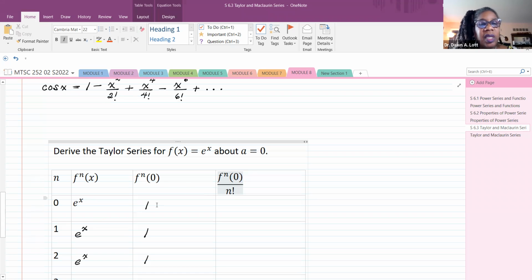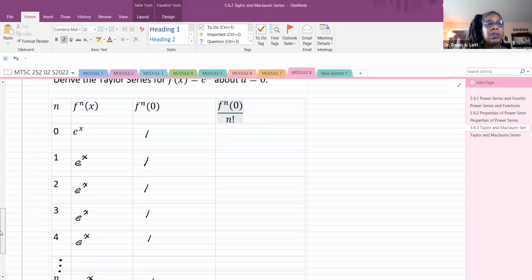So I'm going to take 1 and divide that by 0 factorial. So that's going to give me 1. I'm going to take 1 and divide by 1 factorial. That's also going to give me 1. I'm going to take 1 and divide by 2 factorial. So that's going to give me 1 over 2 factorial.